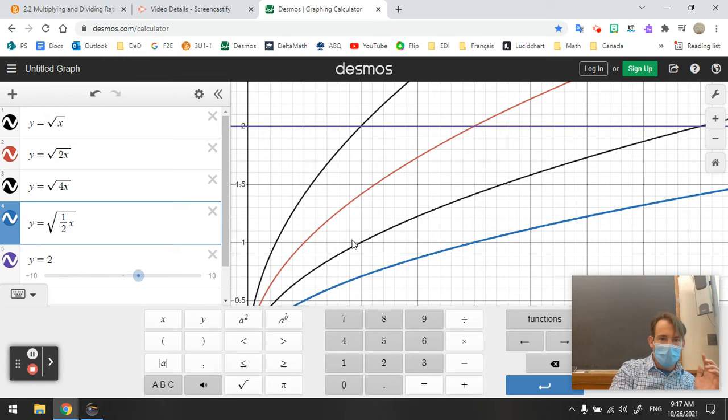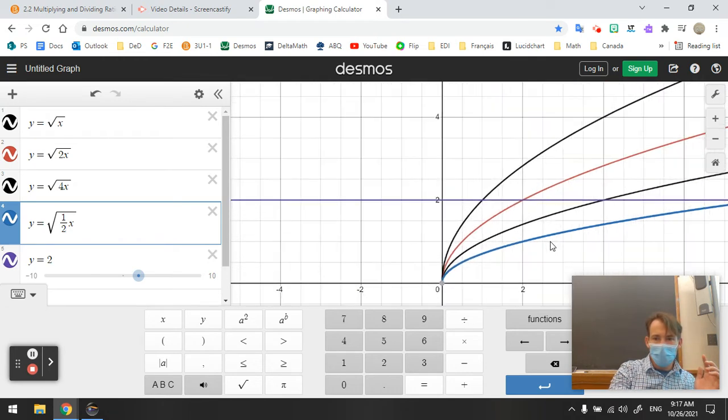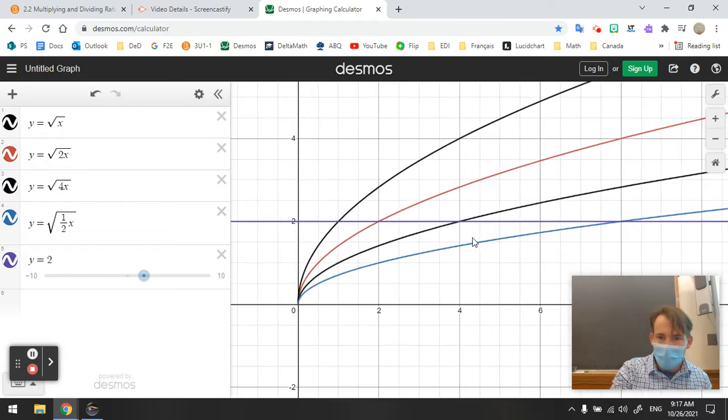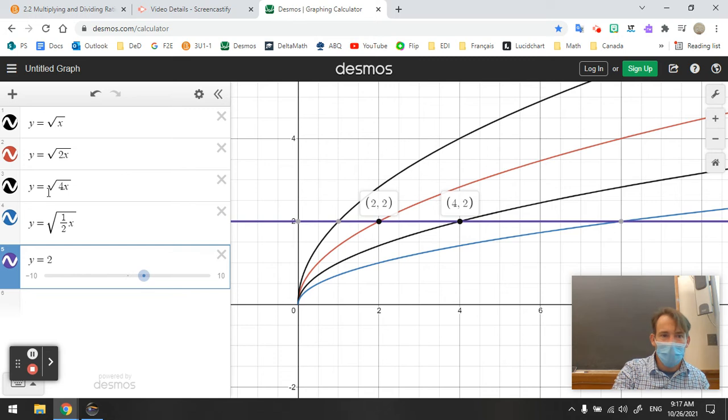Yeah, so here is our line y is equal to 2. Here's our parent function. Has the point 4, 2 on it. When I made a k value of 2, it mapped over here to 2, 2. When I made a k value of 4, it mapped here to 1, 2. When I made a k value of 1/2, now this mapped out to 8, 2.